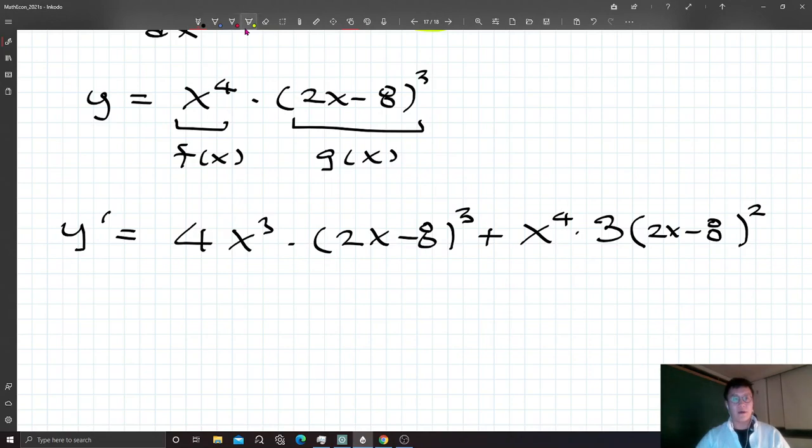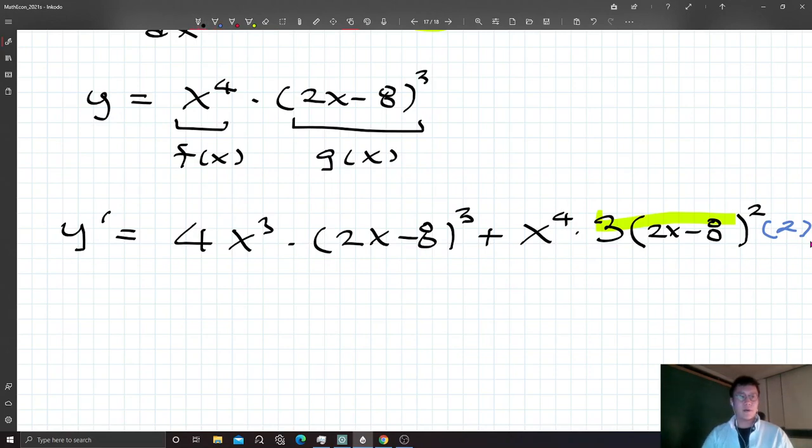That is the derivative of the outer function, f prime of g of x. And then we multiply by the derivative of the inner function. That is 2. Right? 2x minus 8: 2x becomes 2 after taking the derivative, and negative 8 goes away as a constant. So we just multiply by 2.